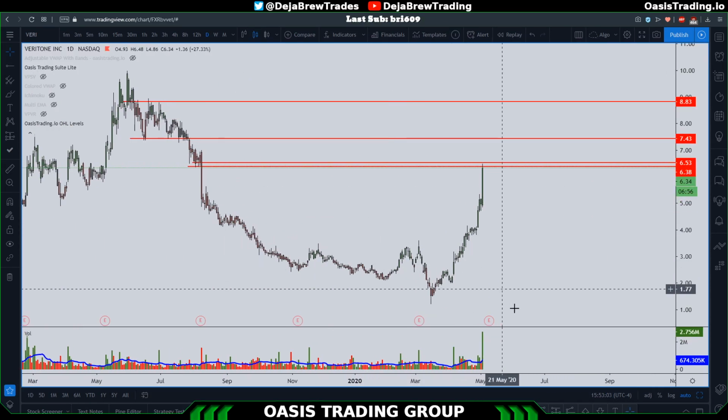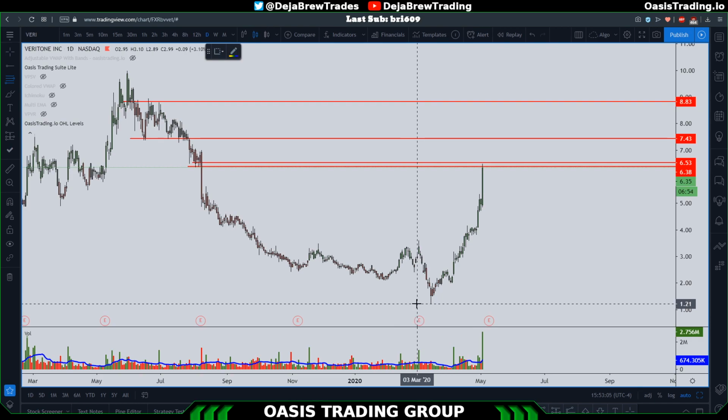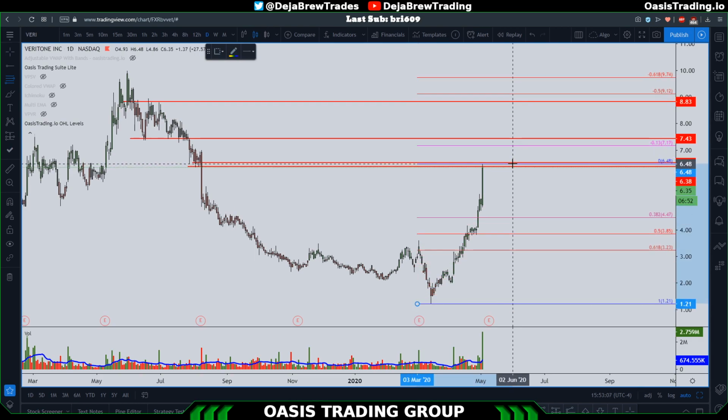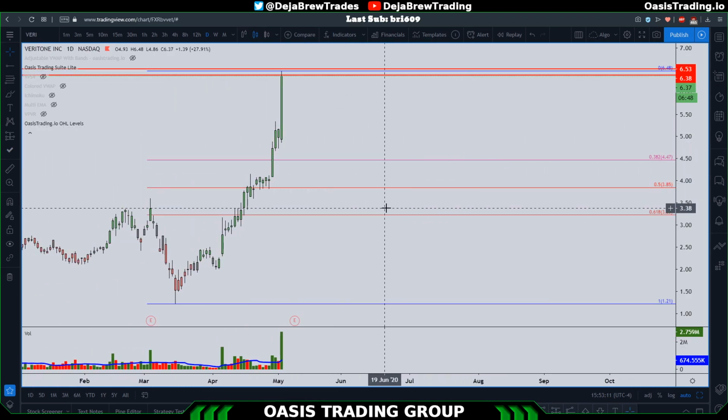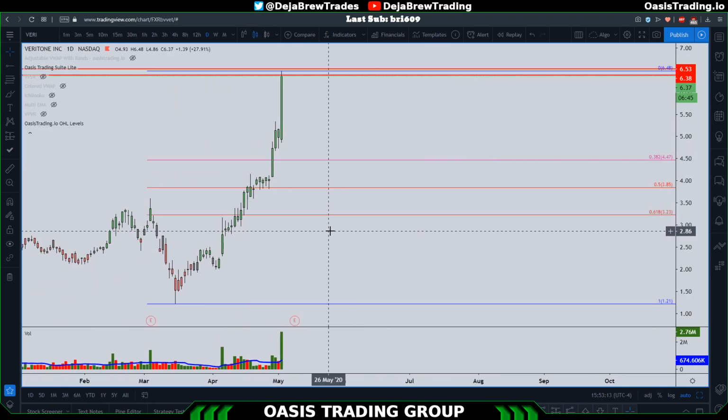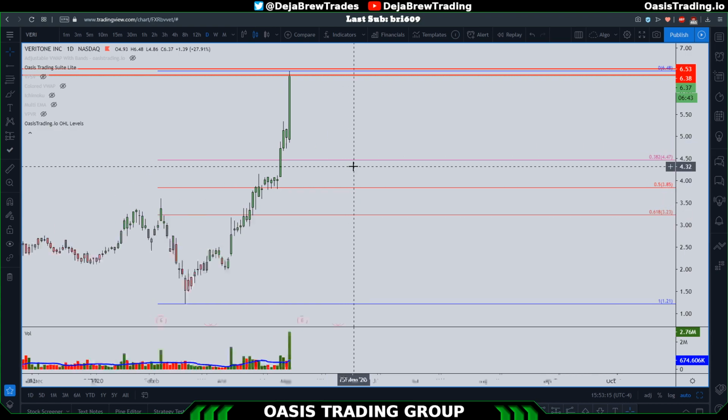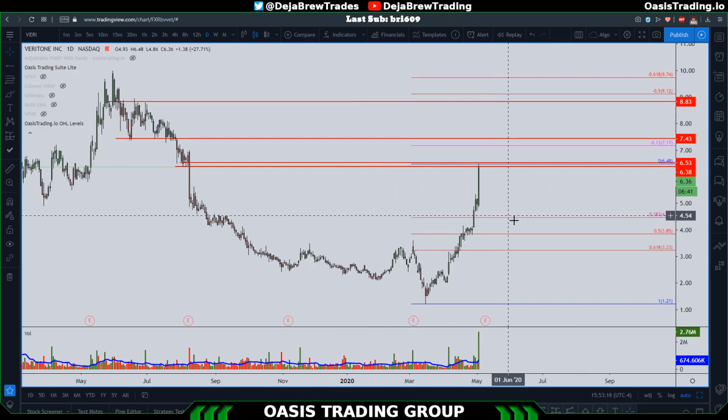So if you failed this, I'd be watching for Fibonacci as your supports. Let's say you failed here. You have these levels here coming in as your support. These are the supports I'd watch. These are the resistances I'd watch.